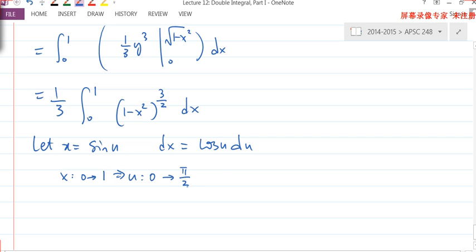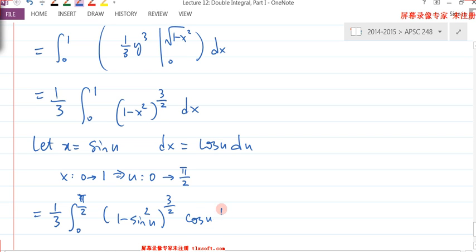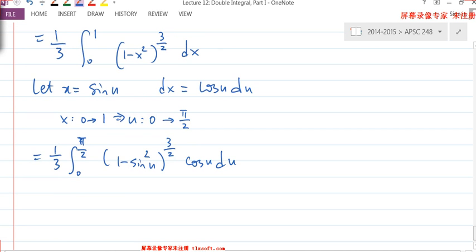Now your integral becomes 1/3, 0 to pi over 2, and inside here is 1 minus sine u squared to the power 3 over 2, and dx is cosine u du.